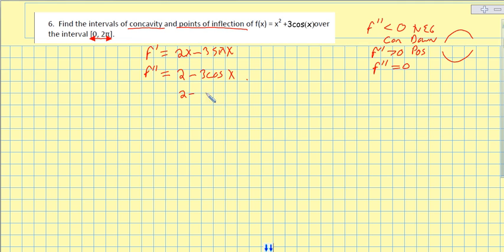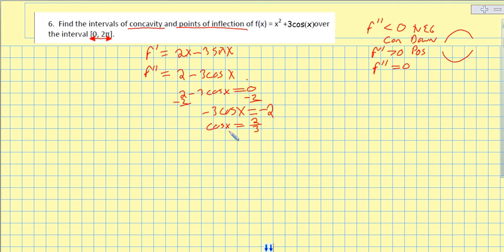So we have 2 minus 3 cosine of x. When is it equal to 0? So we subtract 2 from both sides and divide by -3, and we get that cosine of x is equal to a positive 2/3.